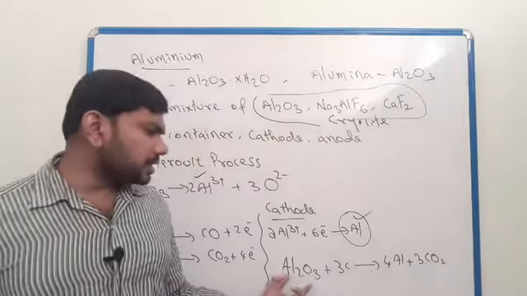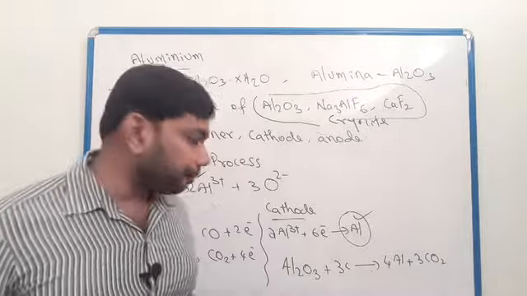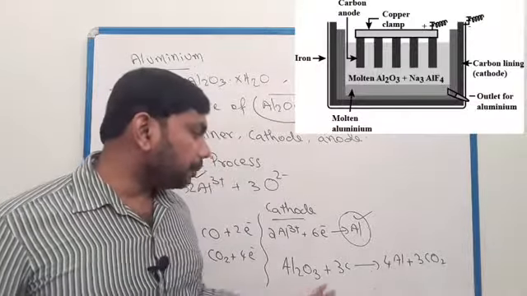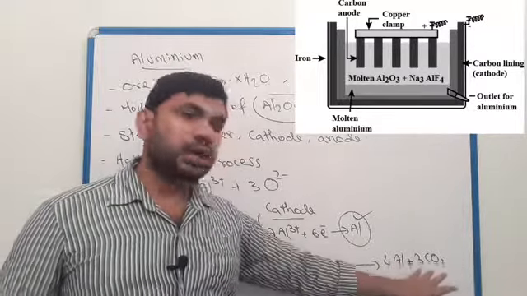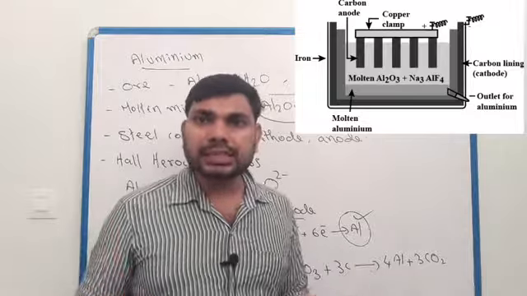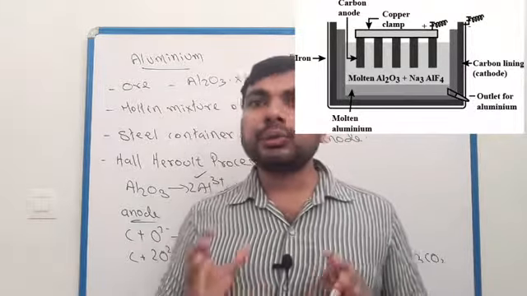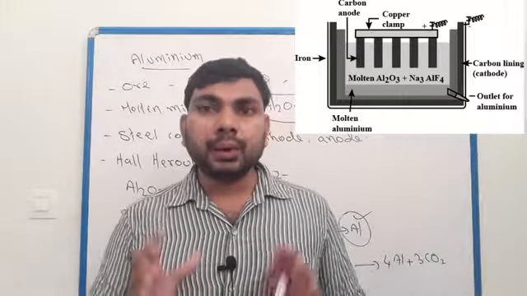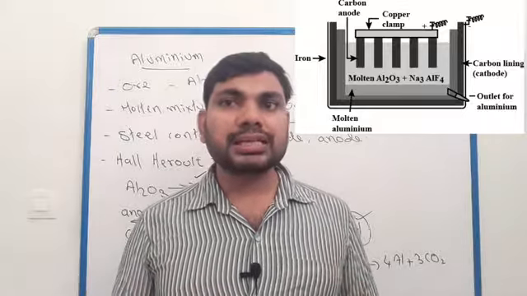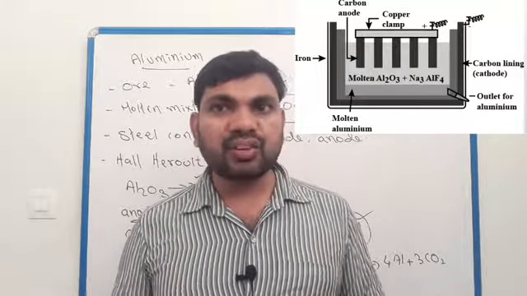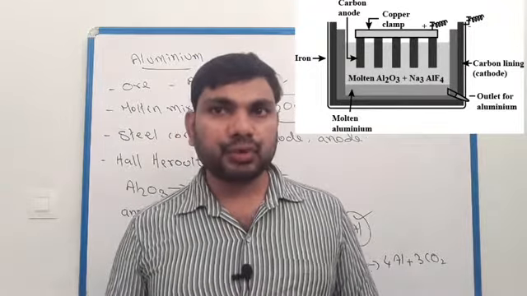Also look here, this is the overall chemical reaction during extraction of aluminium: Al2O3 plus carbon gives aluminium and carbon dioxide. So you understand, during extraction of aluminium, a mixture of molten alumina, cryolite and CaF2 is used as electrolyte.